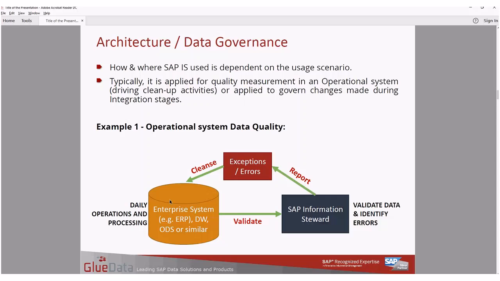Okay, so then by closing the loop, that's where we get the value. When we validate, our exceptions decrease, our data quality improves. It's the iterative cycle, and it's like this heartbeat that just keeps pumping and pumping and improving. But now what happens if I implement a new system, or I integrate a new system here, or I want to combine my ERP and my CRM data based on my previous example?